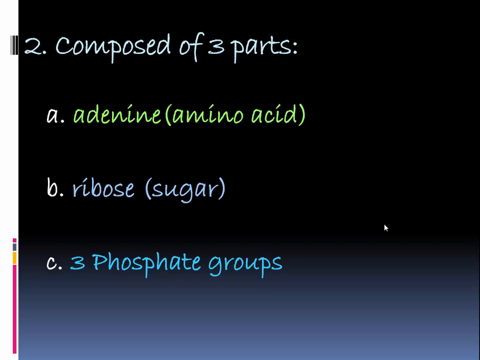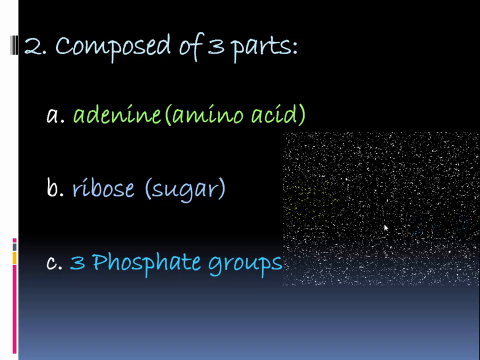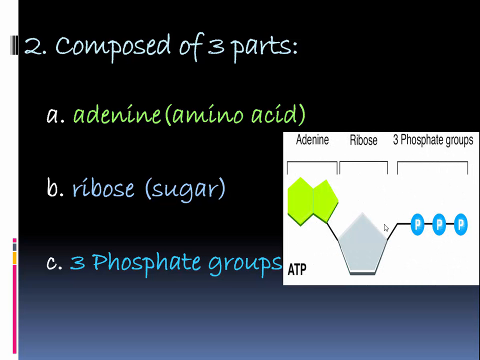So adenine, ribose, and 3 phosphate groups make up an ATP molecule. And one day, probably tomorrow, you will be making your own ATP molecule. As you can see in the picture here, we have adenine, ribose is that 5-carbon sugar, and 3 phosphates on that little tail end.